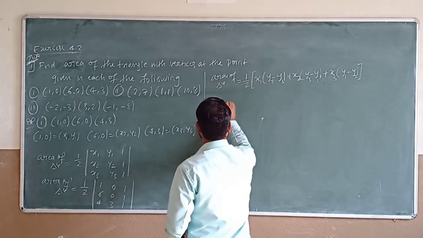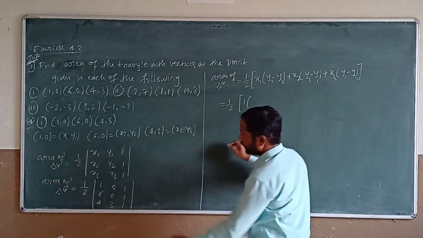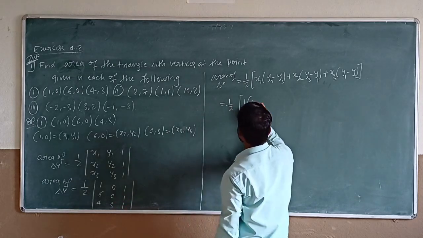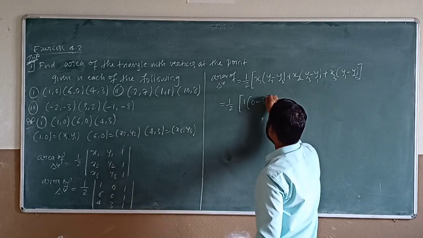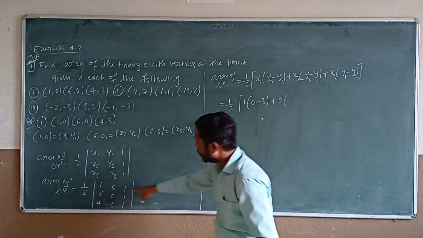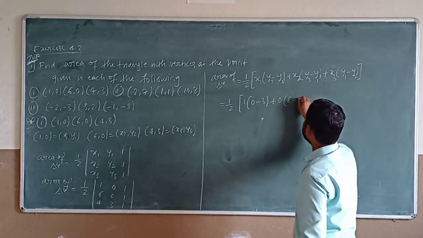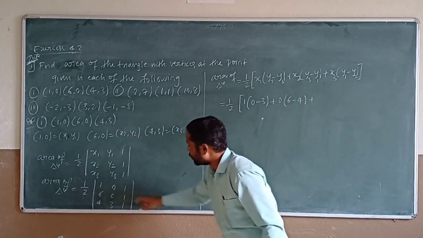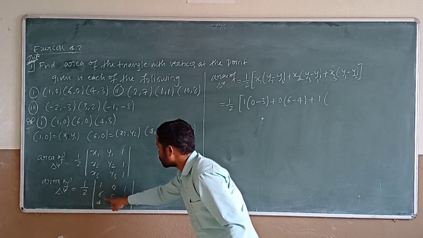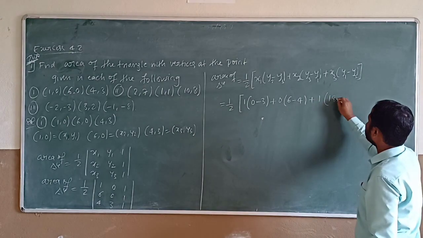Now expand this, that is 1 by 2 into, what is x1? 1 now, 1 into, delete first row first column, then 0 1, 3 1 are the elements, 0 into 1 minus 3 ones are 3, okay, plus x2 now, x2 meaning 0, okay, 0 into, delete first row first column, 6 ones are 6, 4 ones are 4, that is 6 minus 4, plus x3, that is 1 into y1 minus y2, delete the third column, 6 threes are 18 minus 4 zeros are 0, that is 18 minus 0 now.